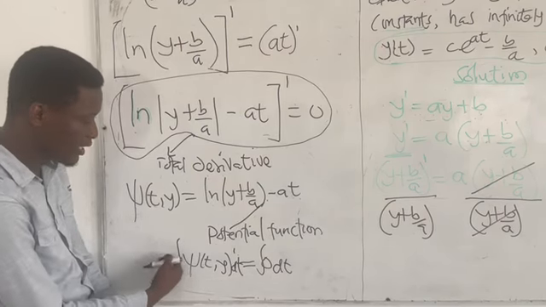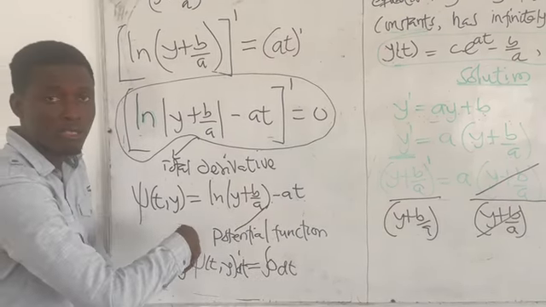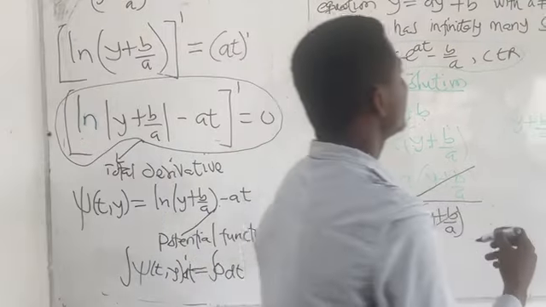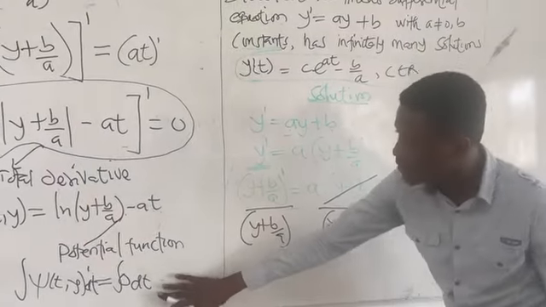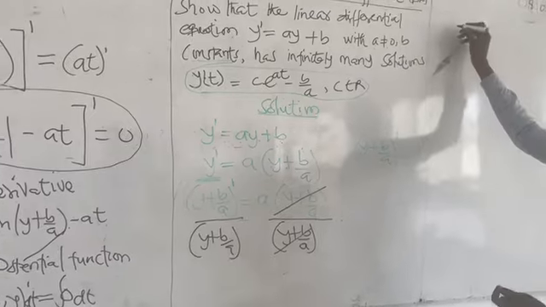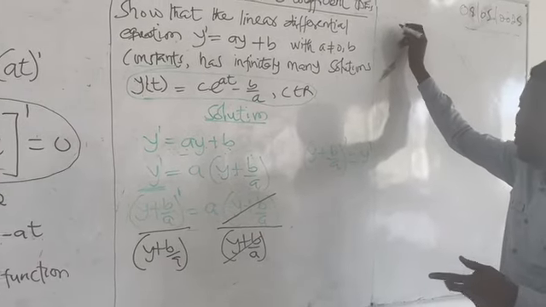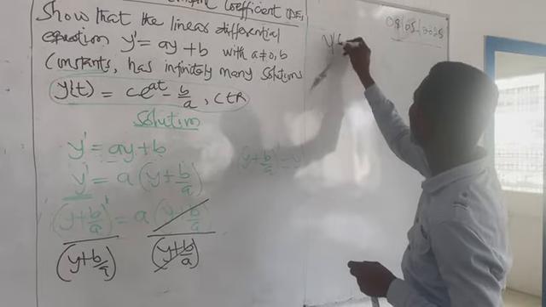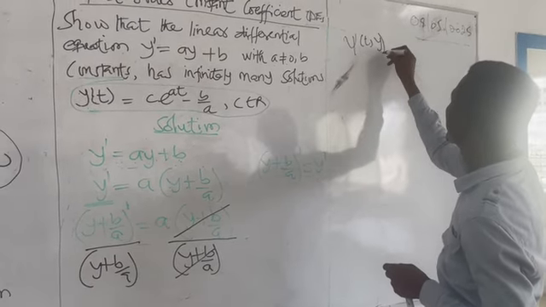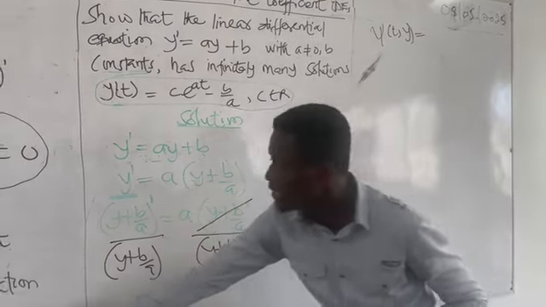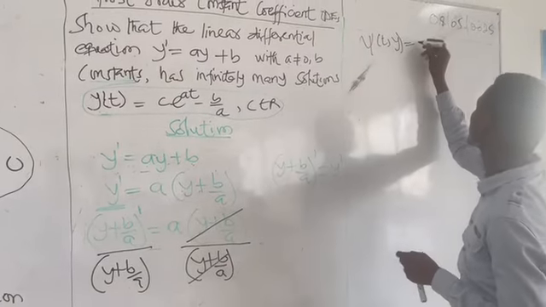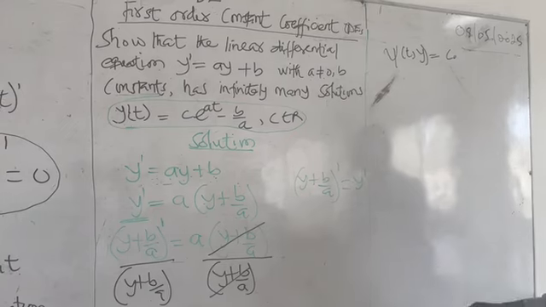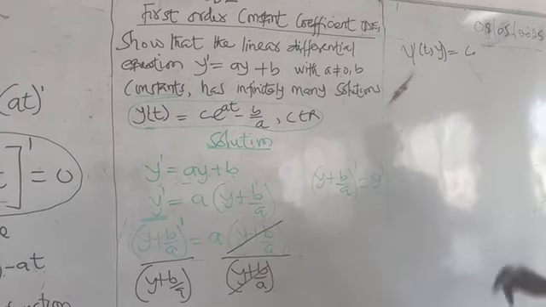So we get psi of t, y equal to the integral of a constant, which is c naught.